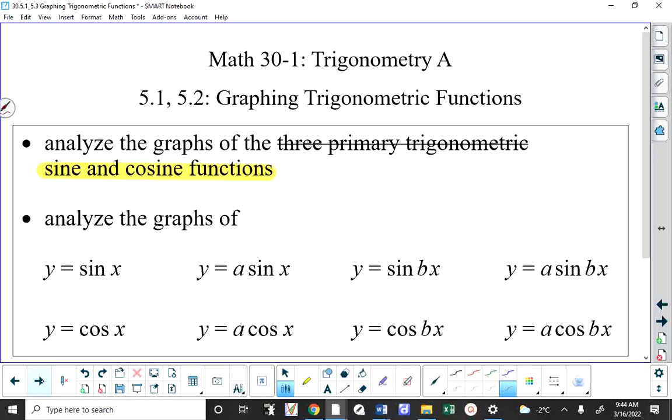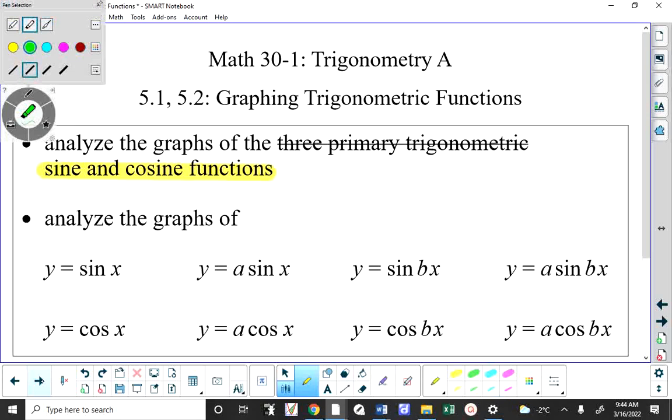If you look at the details of this at the bottom of the screen, what we're really talking about here is taking the graph of y equals sine of x and stretching it vertically and horizontally.